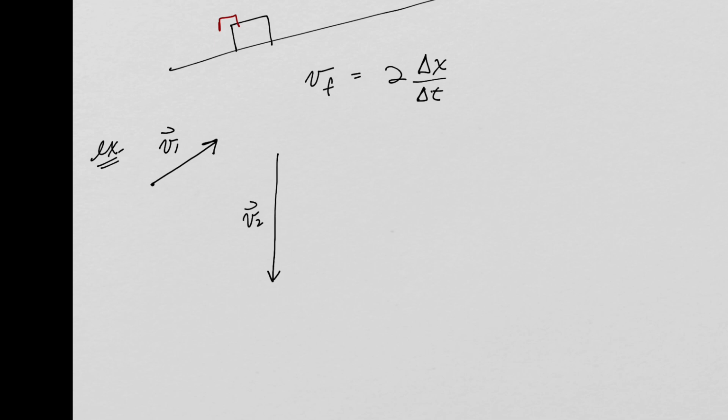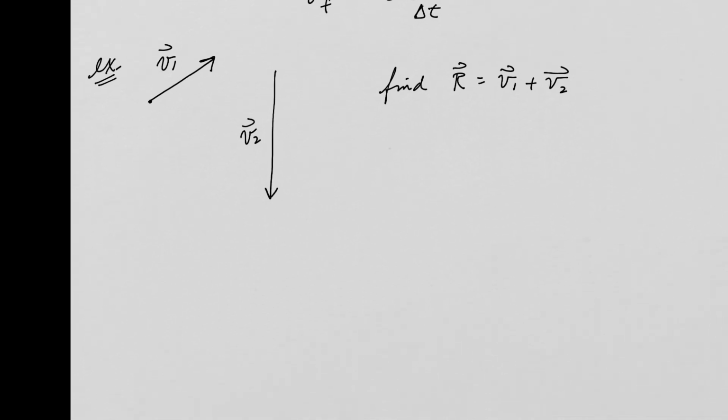If I want to find, I'll call it R, which is v1 plus v2, then I could do this graphically, right? You could start with v1. Usually what you do is you have some type of coordinate system. So I move the tail of v1 to the origin of the coordinate system, right? Maintaining the same direction. So let's say this is v1.